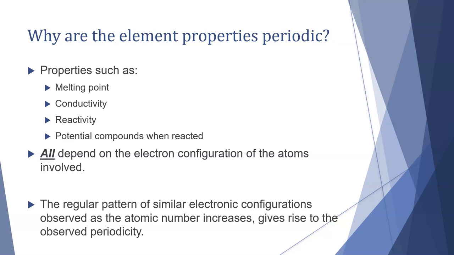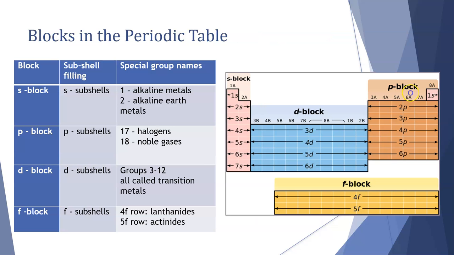All of these properties are dependent on their electron configuration, so that repeating nature of forming 8 electrons in the outer shell as a stable octet continues to repeat, so we see a repeat of these properties. So the regular pattern of similar electron configurations is observed as the atomic number increases, and this gives rise to our observed periodicity.